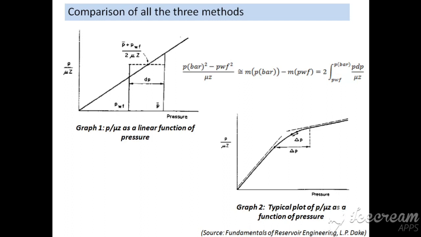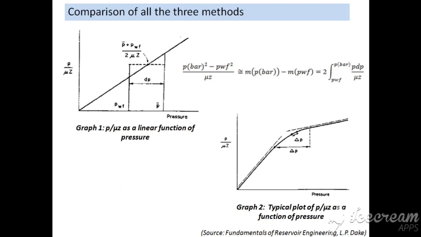In graph 2 you can see that linearity is obtained only at the higher pressures and the lower pressures. In between there is a small area which does not behave linearly. Why is it so? Two different solution techniques are liable to give different results in this area.